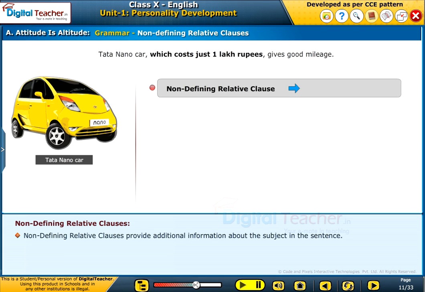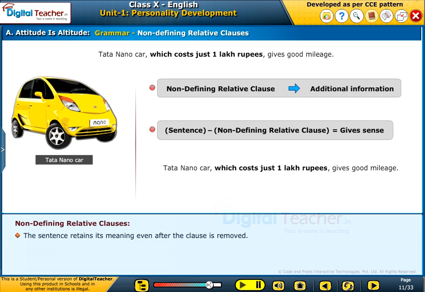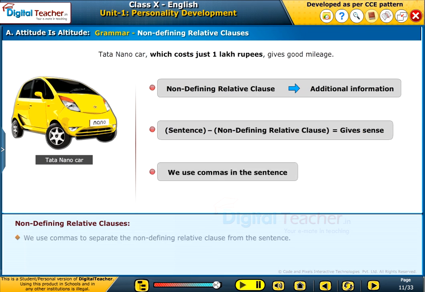Non-defining relative clauses provide additional information about the subject in the sentence. The sentence retains its meaning even after the clause is removed. We use commas to separate the non-defining relative clauses from the sentence.